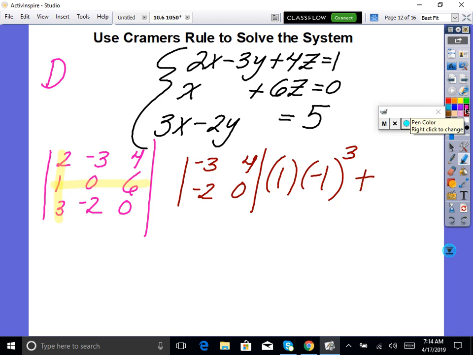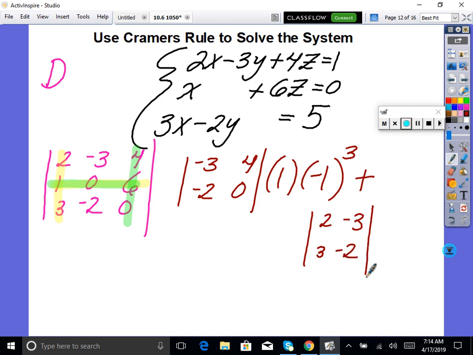now we're sticking with, we can't do pink, let's do green. Now we're sticking with this row, but now we're going to eliminate this column, aren't we? Ignore yellow because I don't want to have to erase. We don't need to do the 0 one because we know that our constant will be 0. So then we have plus the determinant 2, negative 3, 3, negative 2, times 6, times negative 1 to the second row, third column, to the fifth.